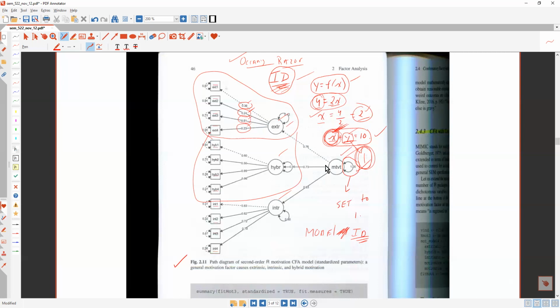And we saw other examples previously where we set some of the paths equal to 1. Those decisions to set certain paths equal to 1 are usually based on theoretical grounds. Like, I'm not going to estimate this variance. That's going to help identify the model. But again, you realize that subjective component.